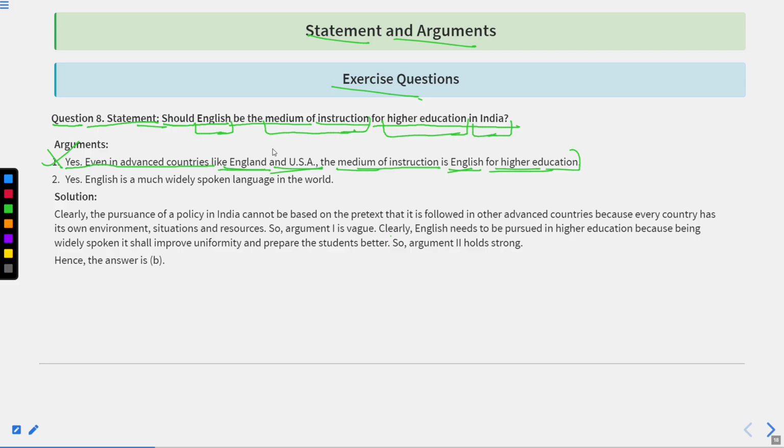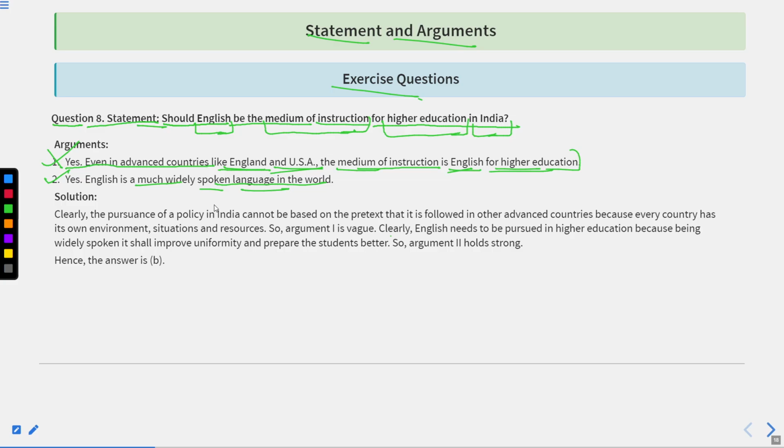First thing. Second thing, the second argument says English is a much widely spoken language in the world. Now it is talking about something which can be proven, which can be cross verified, isn't it? That English is one of the most widely spoken languages in the world.